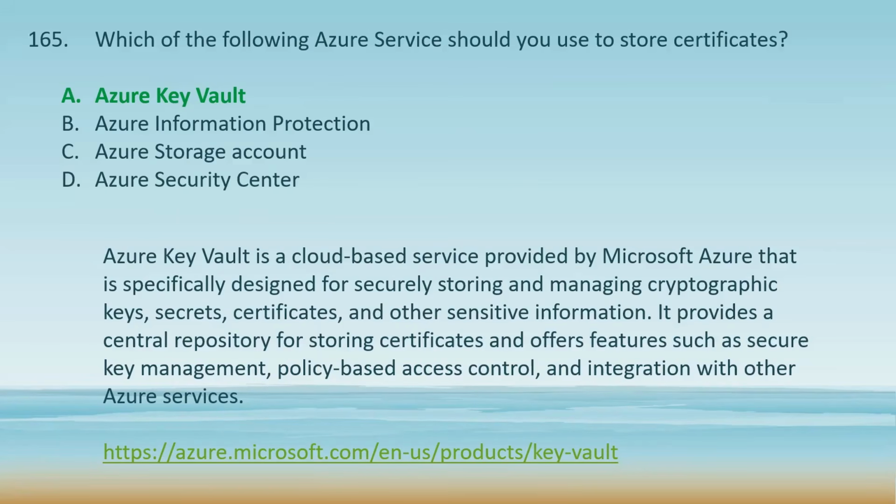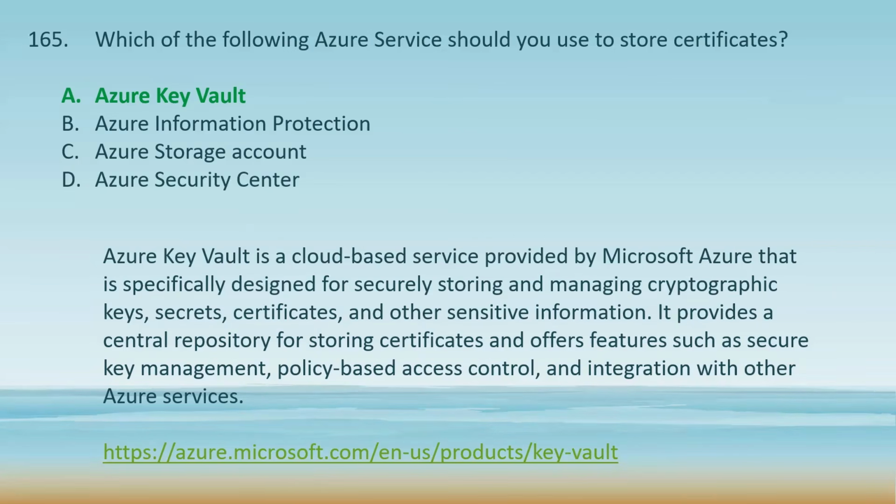Now let's look at the purpose of the other services and why they were not correct. Azure Information Protection is a service that focuses on protecting and classifying sensitive documents and emails rather than storing certificates. Now option C, Azure Storage Account, is a service used for storing and accessing various types of data, including blobs, files, tables, and queues.